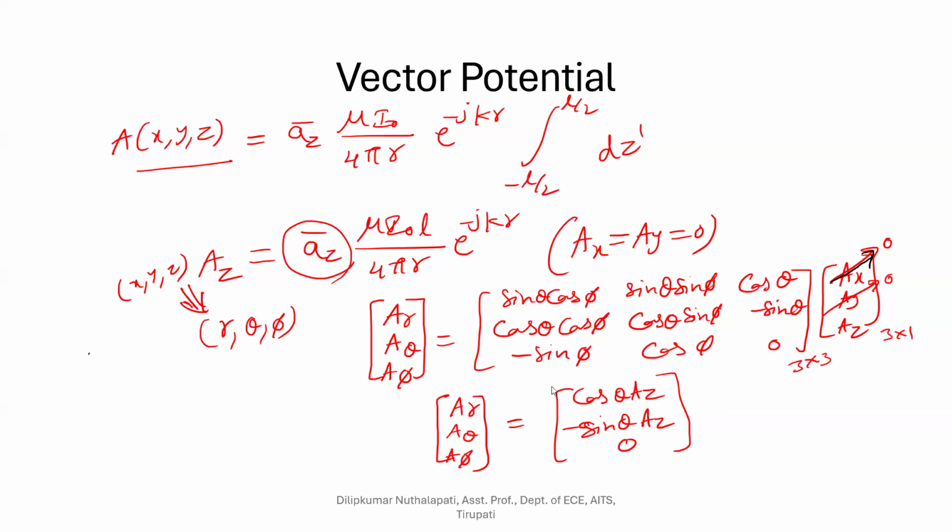So from this, the vector potentials in spherical coordinates are obtained in terms of x, y, z. With this consideration, we will substitute the Az value in these terms. So let us rewrite the values of the vector potential in terms of spherical coordinates.